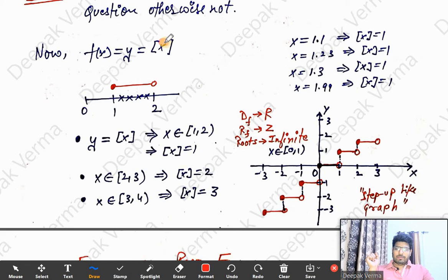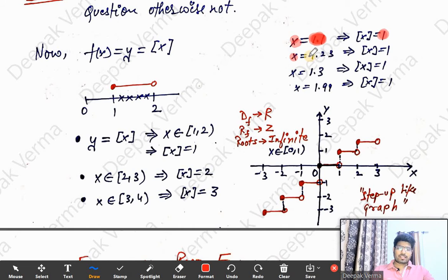Let's suppose we have box X. Let's say this is equal to Y, or we can say f of X since it's a function. Now let's say X is equal to 1.1. If X is equal to 1.1 and we take box 1.1, of course this is equal to 1, because the integer just left of 1.1 will be 1. Got it?